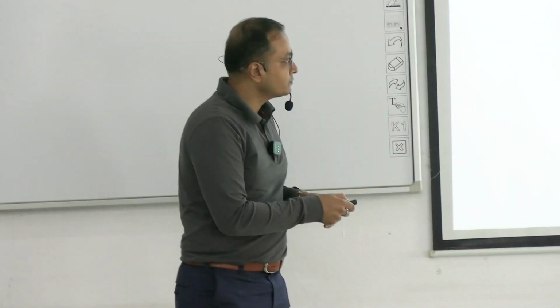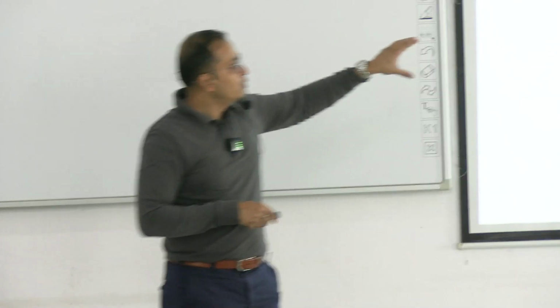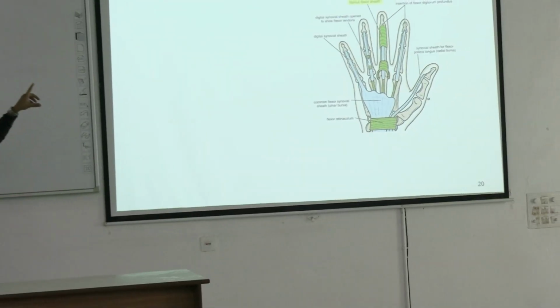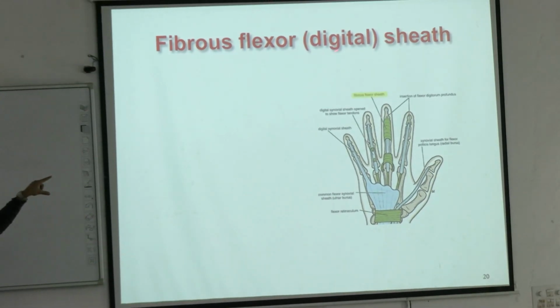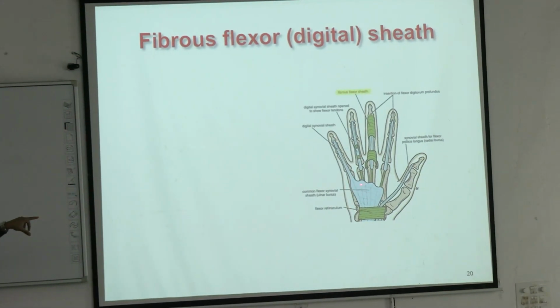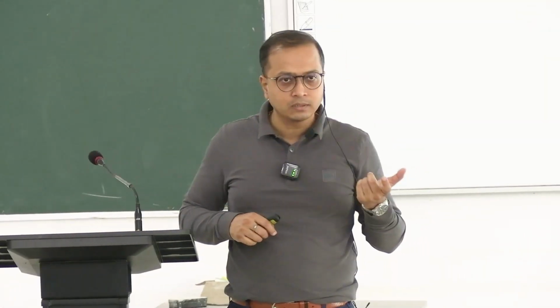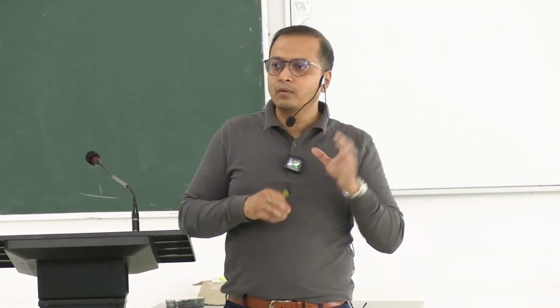These thin blue sleeve-like structures present under the flexor fibrous sheaths, we call synovial sheaths, also known as digital synovial sheaths. Synovial we commonly see in joints, we call them synovial joints, right? In the hands, we have an additional modification here. We call them digital synovial sheaths.